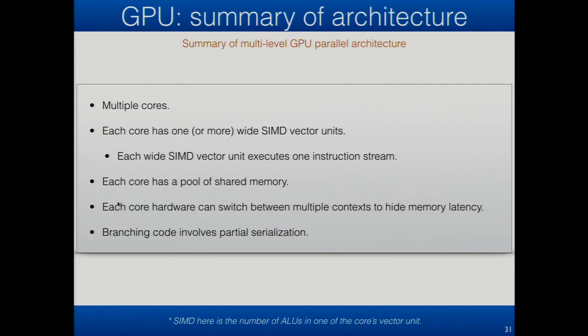And each core can hardware switch between multiple contexts to hide memory latency. And unfortunately, branching code involves partial serialization through cheap branching. Okay, so that's an overview of what the GPU looks like.